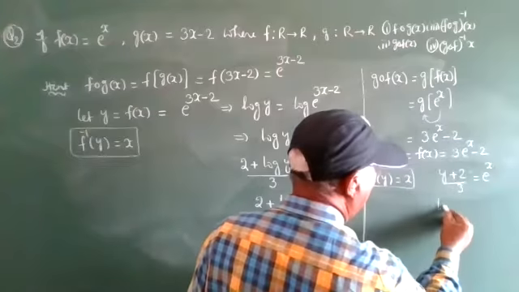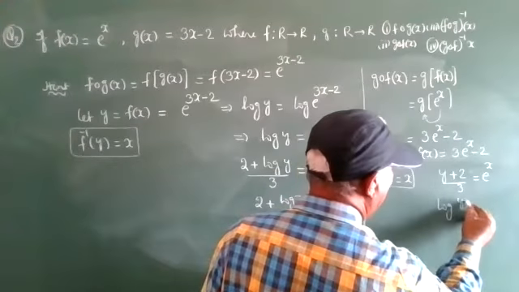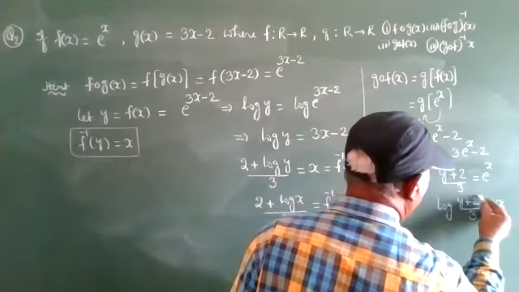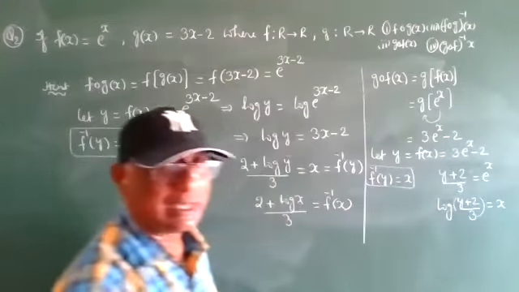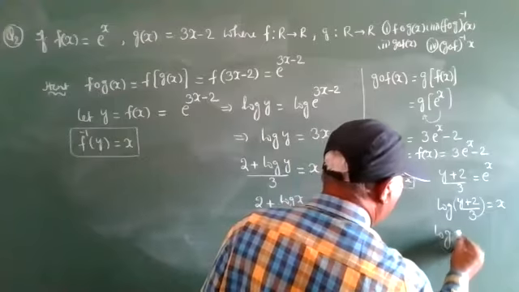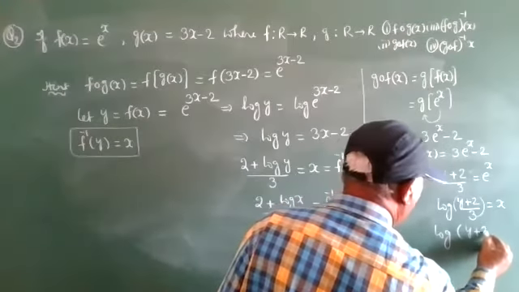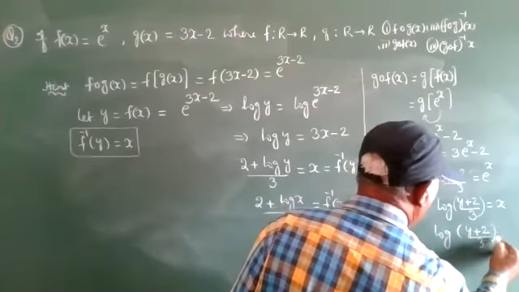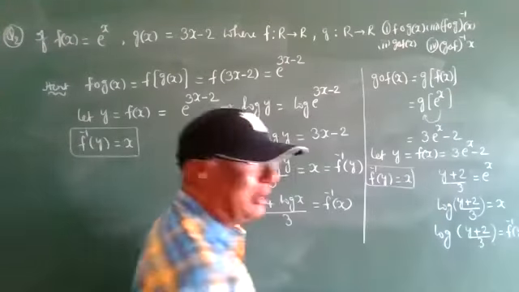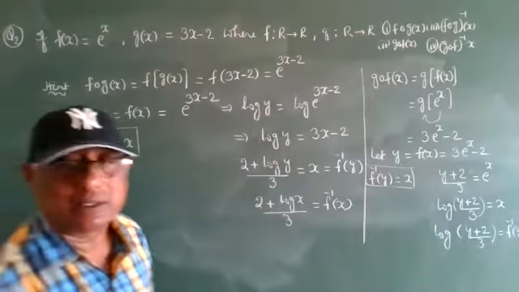Now take logarithm. Logarithm of y plus 2 by 3 is equal to x. Okay? Is equal to x. What is the x value? Log of y plus 2 by 3 is equal to f inverse of y. So x replace y with x, we get the answer.